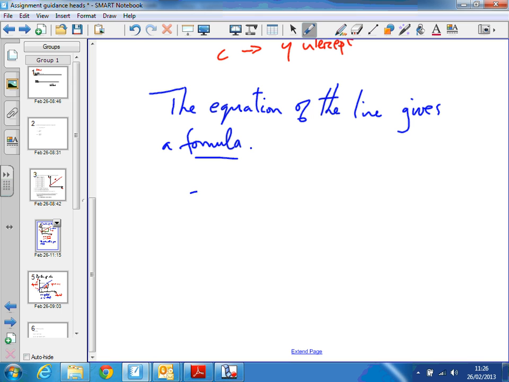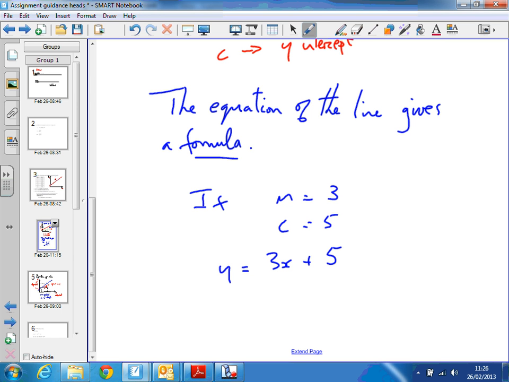So if, for example, m was 3 and c was 5, then I could write y equals mx, so 3x plus c, and c is 5. So if somebody told me what x was, and remember in the task x represents the voltage, I could calculate y.